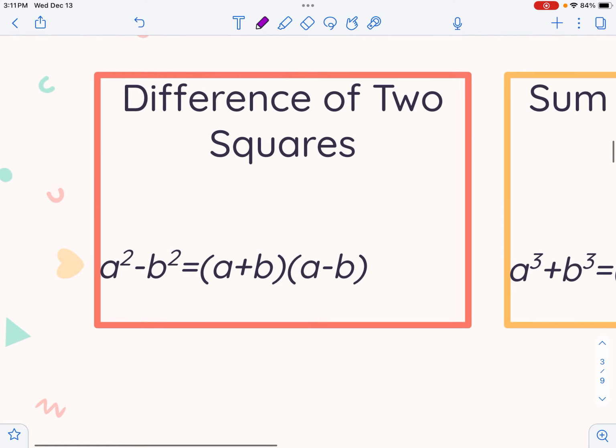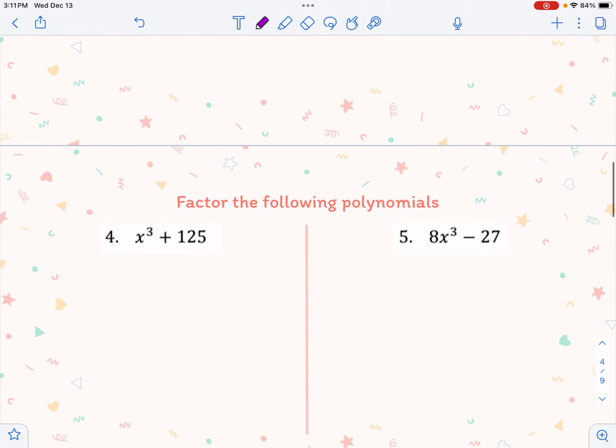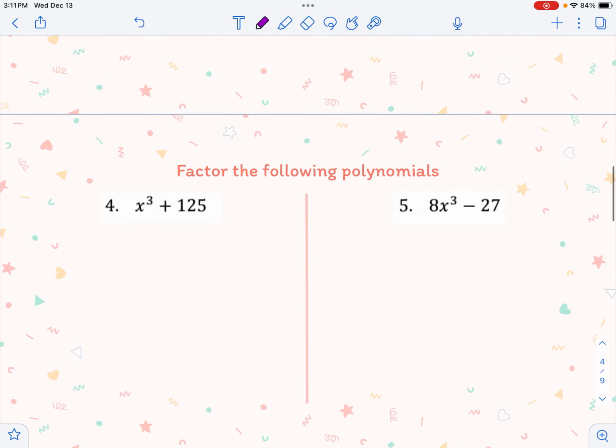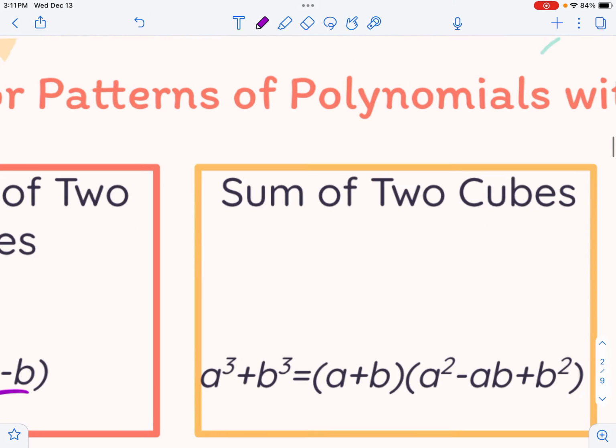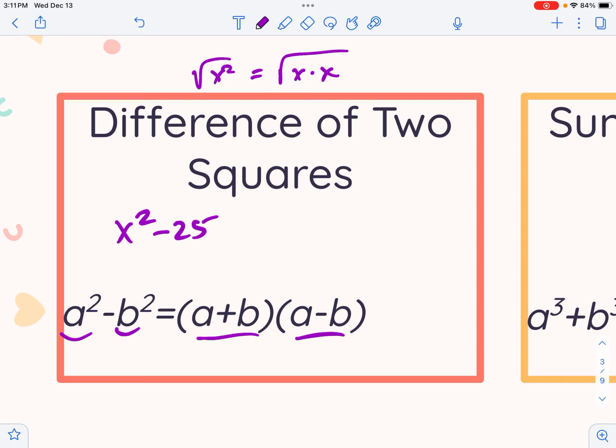Difference of perfect squares. A squared minus b squared equals a plus b times a minus b. Let's just do something real simple. X squared minus 25. This is like a squared minus b squared, because they're both perfect squares.